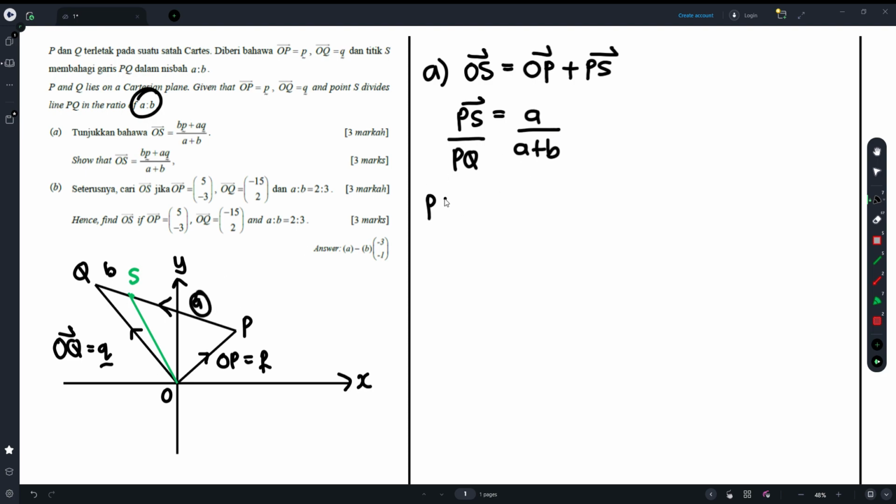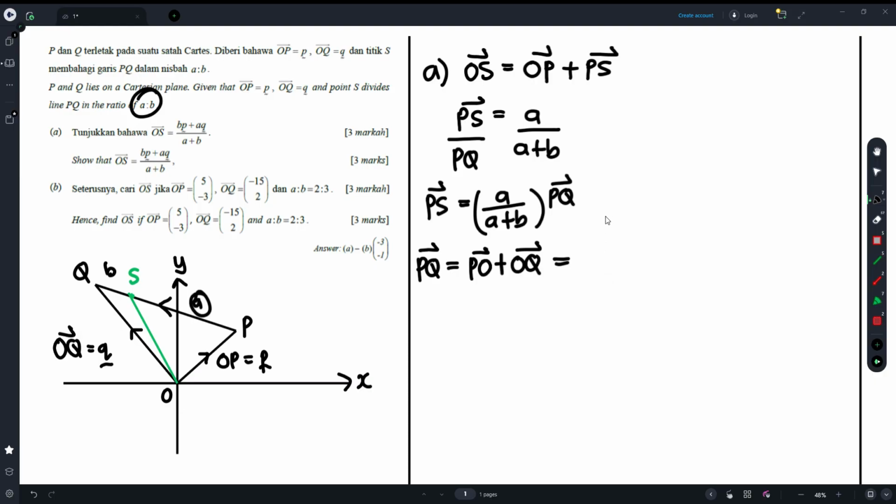So from there, when you make PS the subject, you will get A over A plus B multiplied with the vector PQ. And from here, you can understand that the vector PQ is actually PO plus OQ in the vector triangle law.